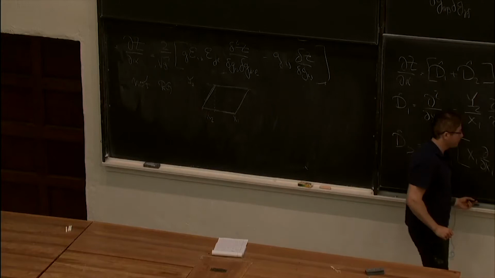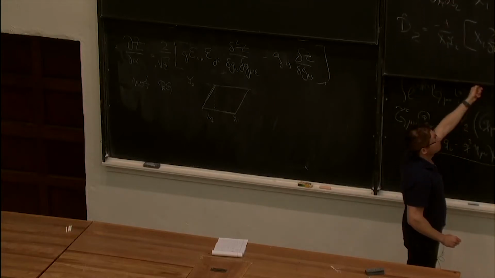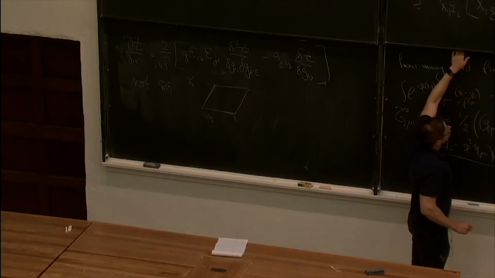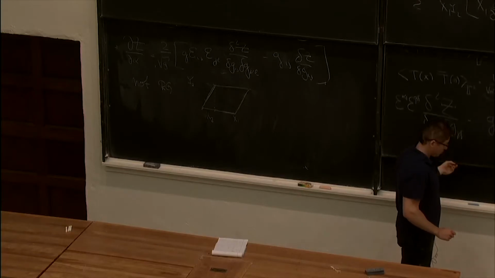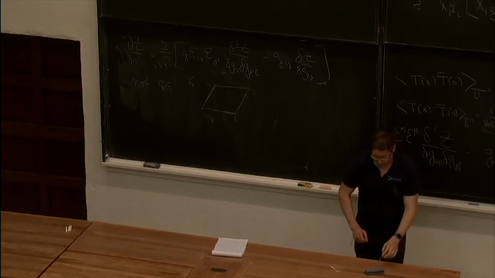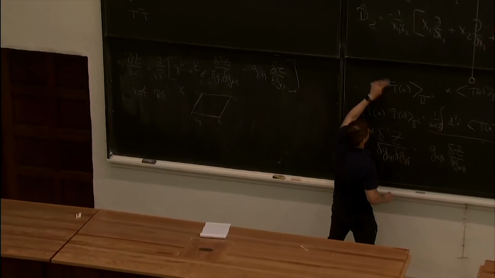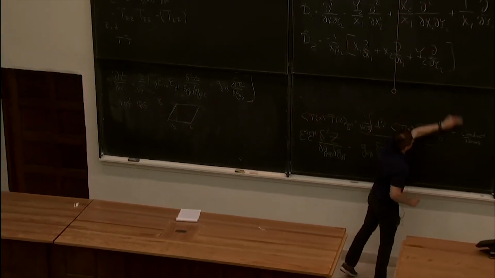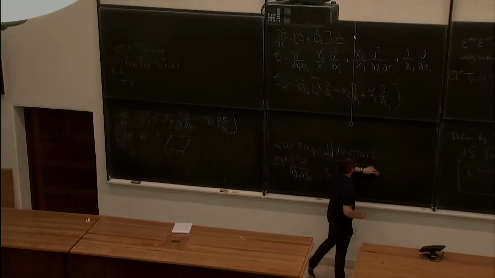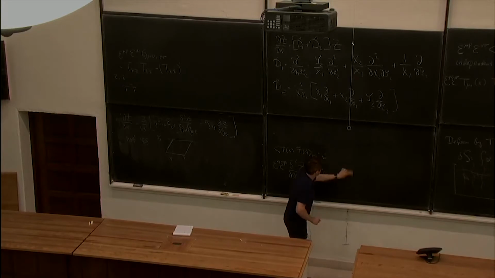So for that, we need some convenient representation of the partition function. Now that's familiar from conformal field theory. You've seen such expressions before. We need a convenient representation of the left-hand side of this equation.